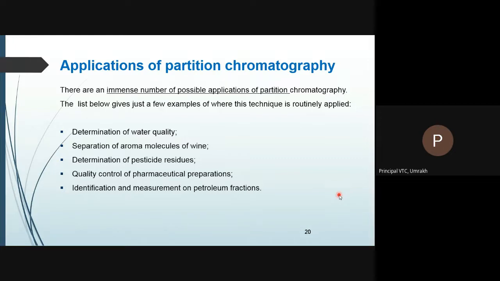We can go with pharmaceutical quality control tests through partition chromatography, which we generally perform. We can also go with the identification and measurement of petroleum fractions. These are a few applications of partition chromatography, and apart from this list, there are many more advantages and uses.